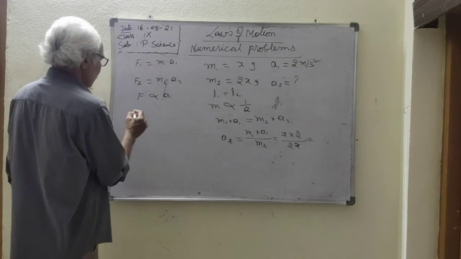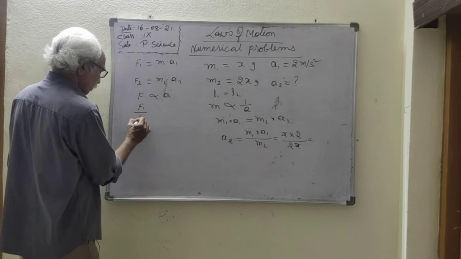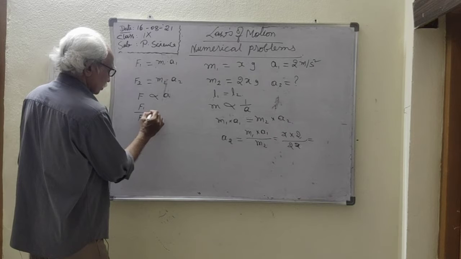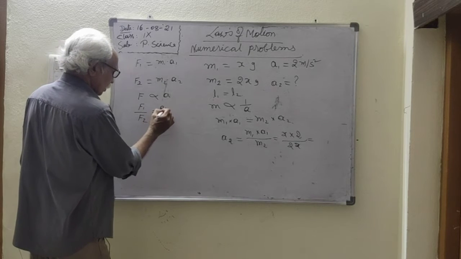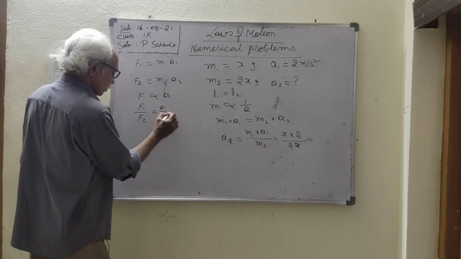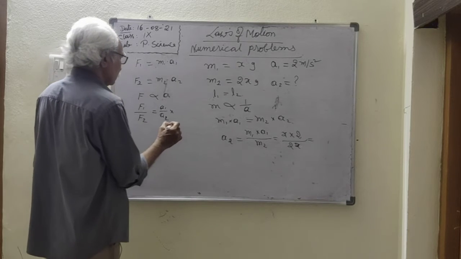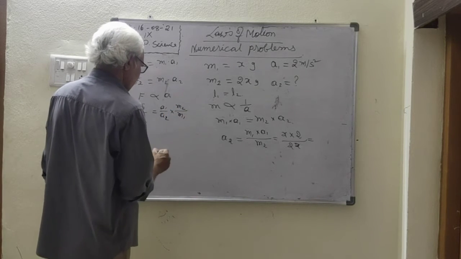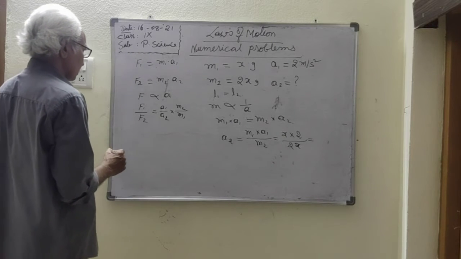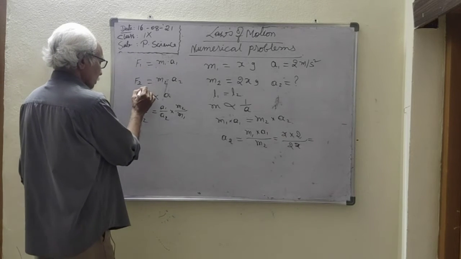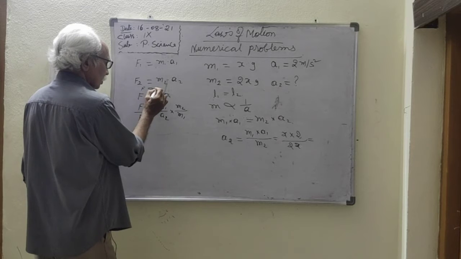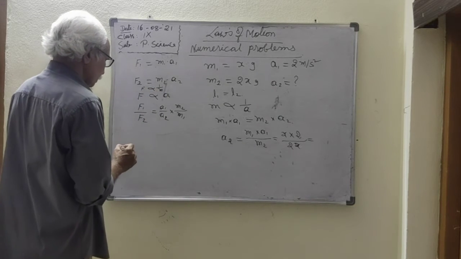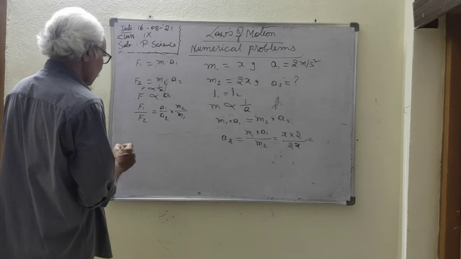According to this, F1 by F2 is equal to A1 by A2 into M2 by M1. Force is inverse to mass.